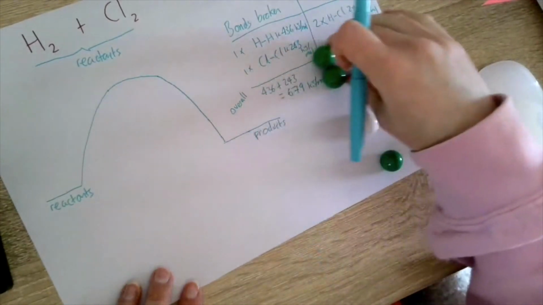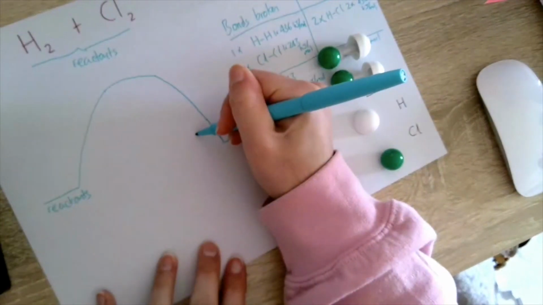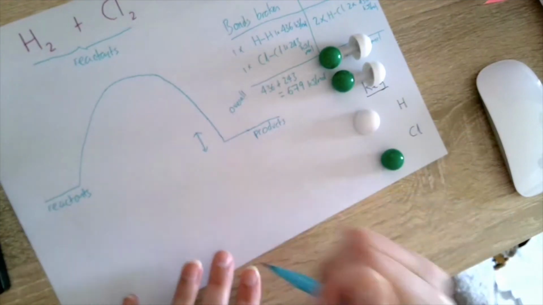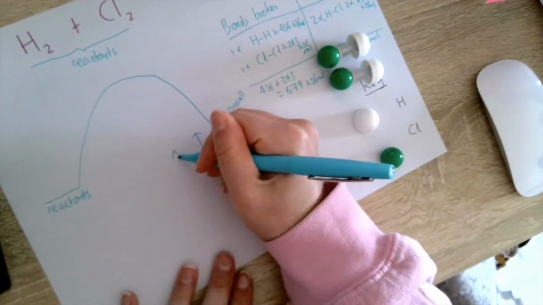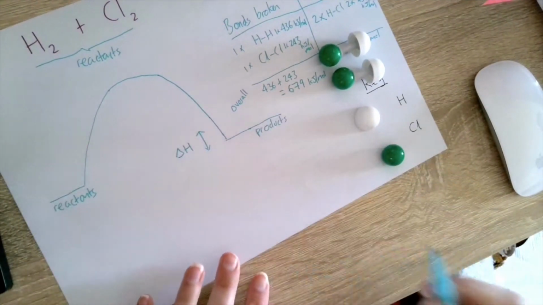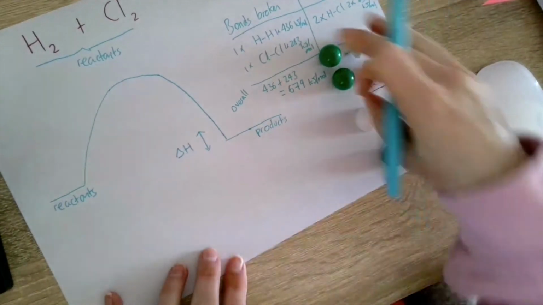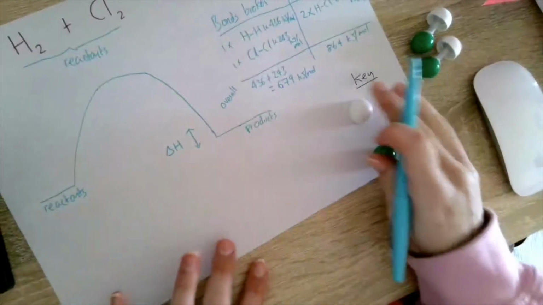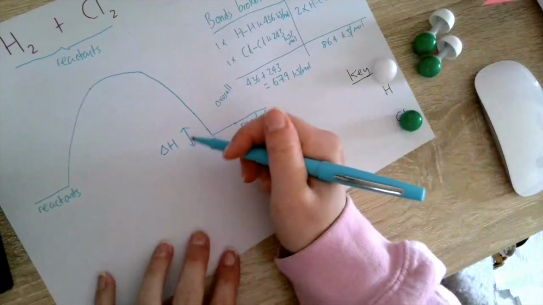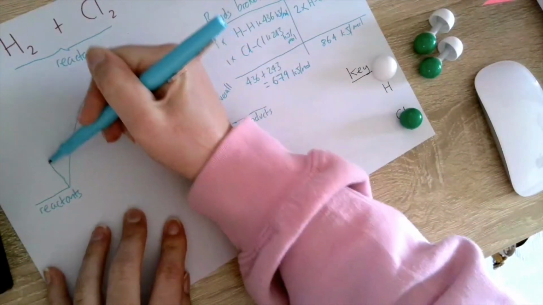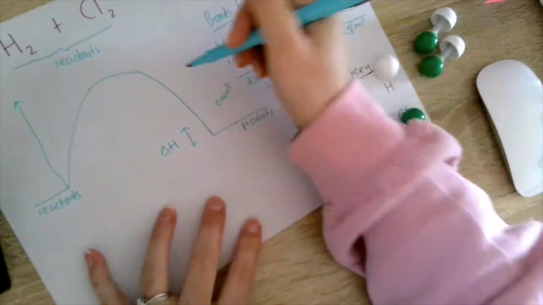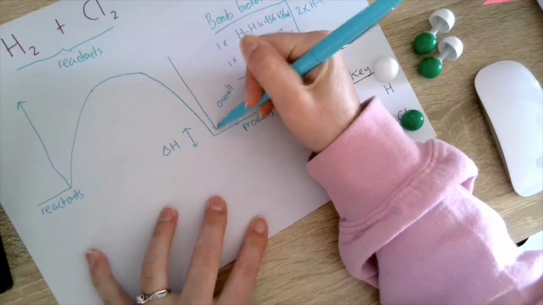What we're trying to find out is our energy change, so the difference between our reactants and our products. We sometimes use the symbol delta H, and our energy change, we're going up with our reactant's energy, but down with our product's energy.